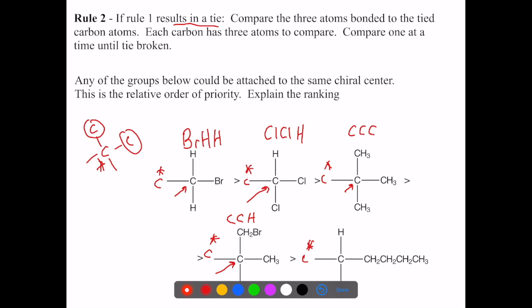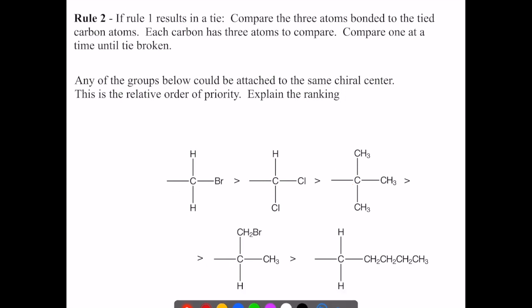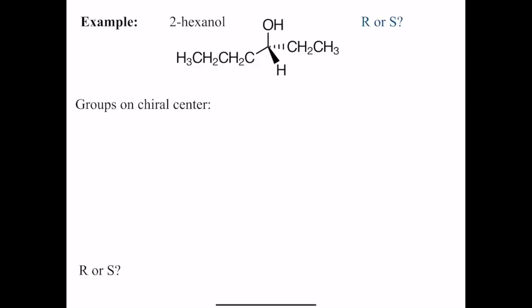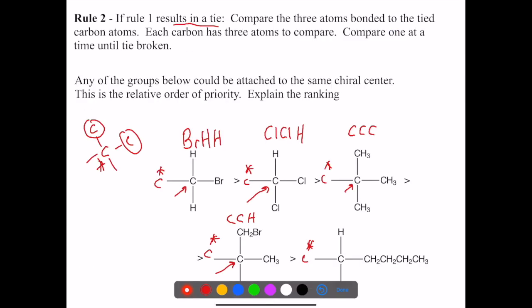Now, if you look at this example here, in the previous one, the one in the lower left has a bromine on it, but we never get to it. The comparison between the top right and the lower left, carbon and carbon is a tie, then carbon and carbon is a tie, then carbon beats hydrogen, and that wins the game.